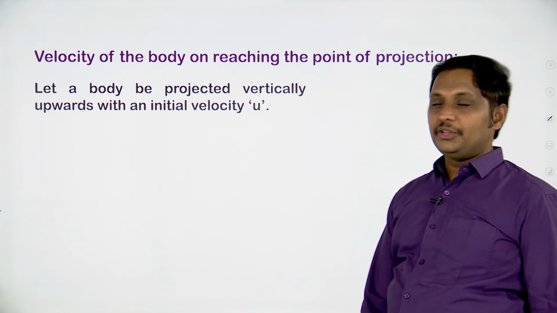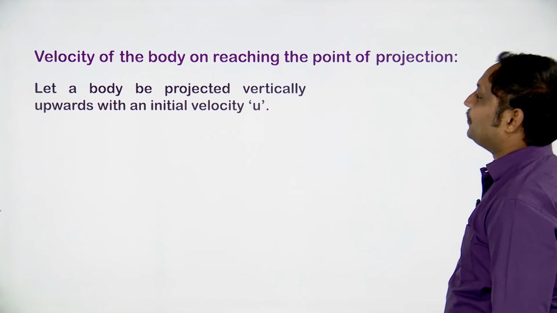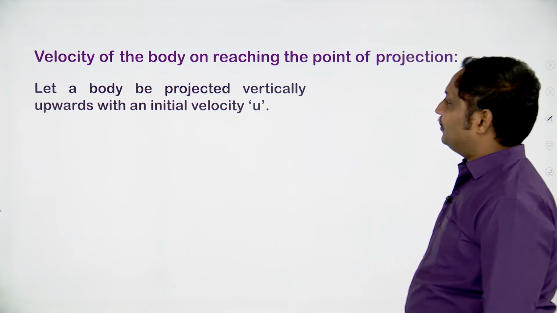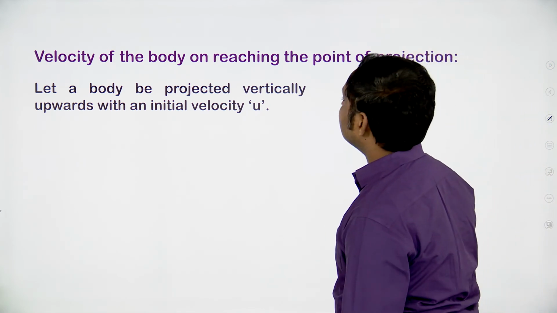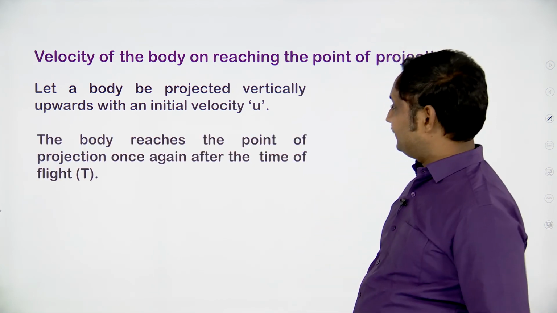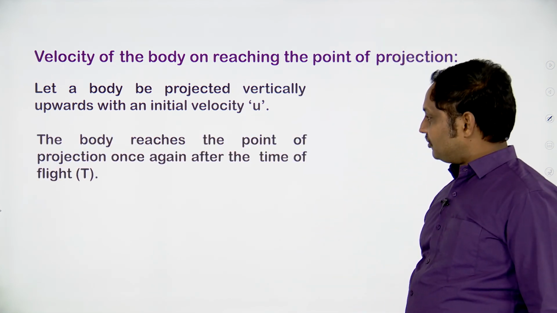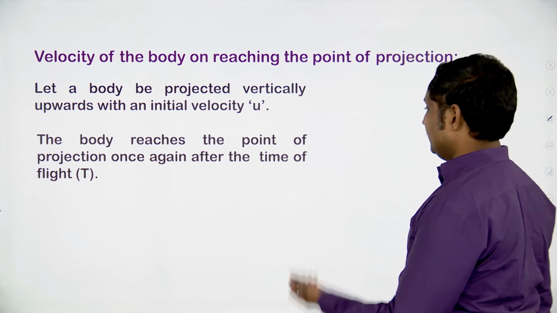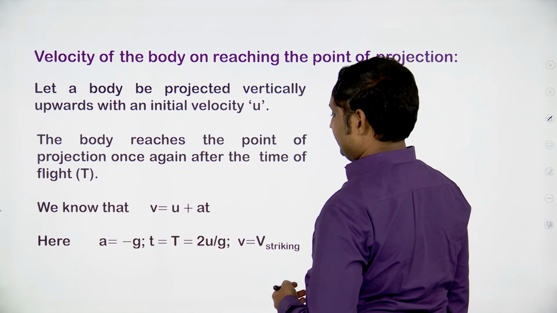Velocity of the body on reaching the point of projection, how is it derived? Let a body be projected vertically upwards with an initial velocity u. The body reaches the point of projection once again after the time of flight. It's very easy for you.